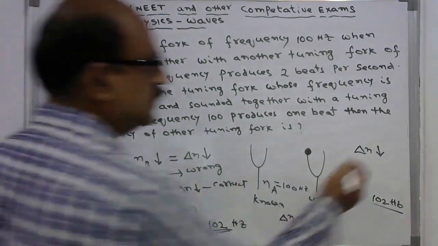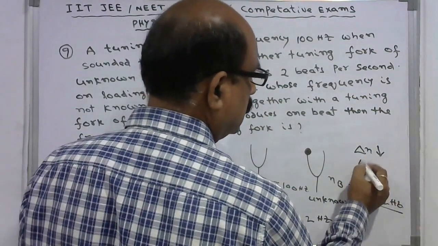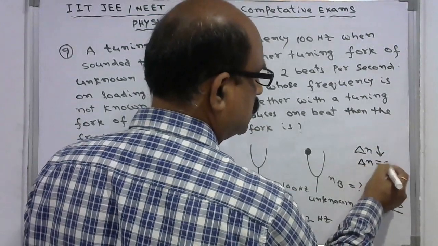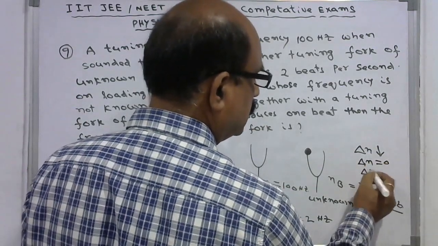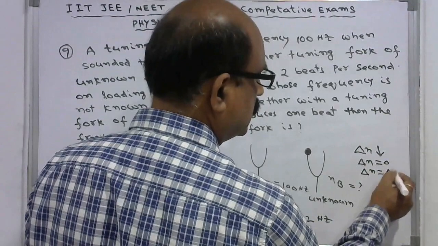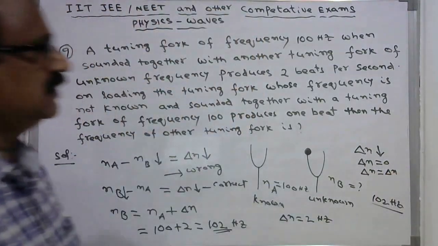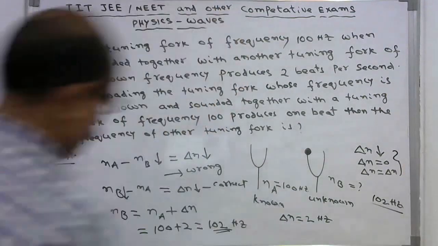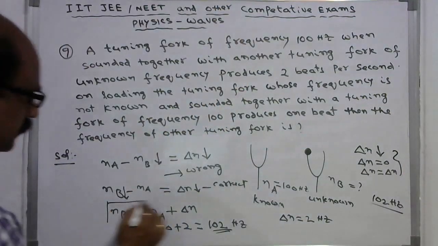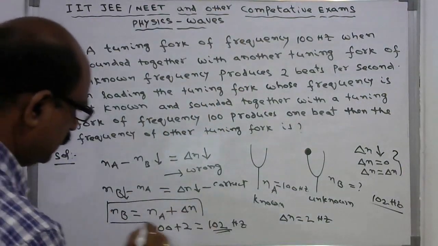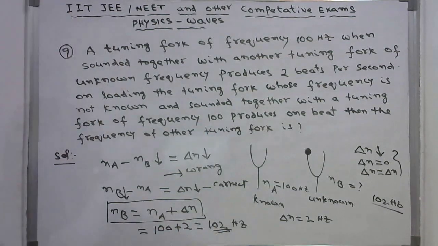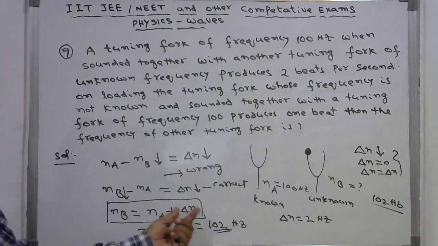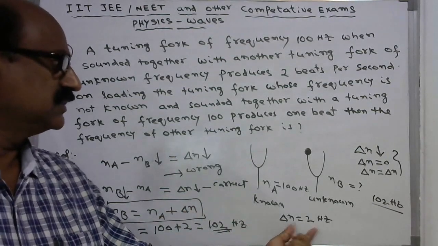So if the beat frequency decreased, or becomes 0, or stays the same, in all these cases we have to apply this formula: the unknown frequency is equal to the known frequency plus the original beat frequency.